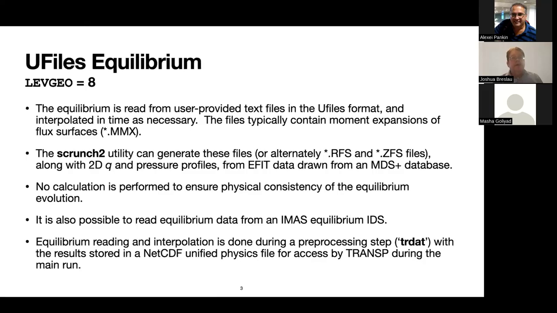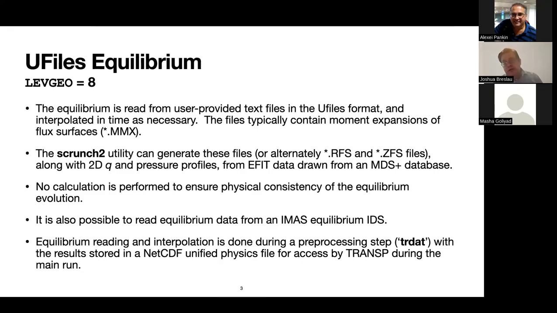So first, the simplest option is using U files to specify the equilibrium. In this case, it's read from user-provided files in the U files format, and it can be interpolated in time. Typically, these are moment expansions of the flux surfaces. They could also be R and Z specifications.